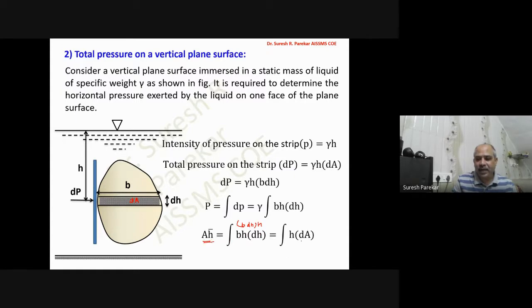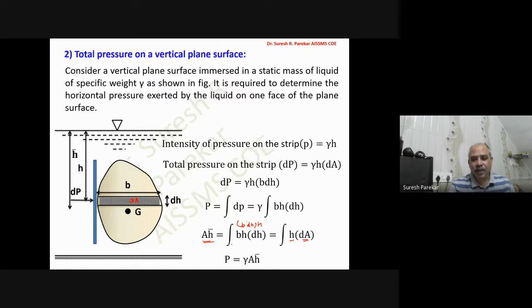Here we have written h into dA, and dA is b dh, and therefore the integral of h b dh is A h bar, and we get the value of P equal to gamma A h bar. And h bar is the distance of the centroid of the body from the liquid surface. So this is G, and that is our value of h bar.